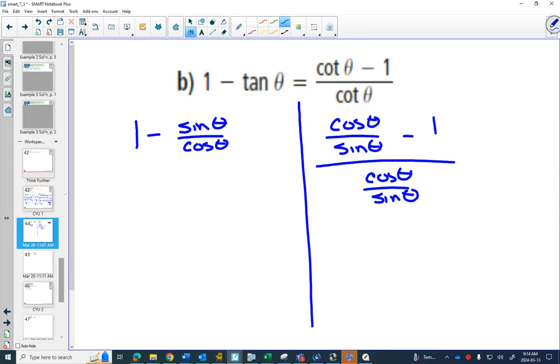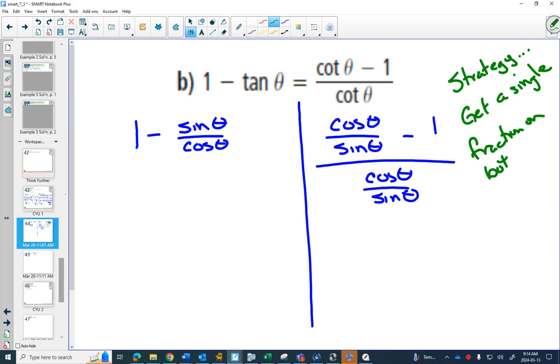On the right-hand side, you have a lot of fractions inside of fractions. On the left-hand side, you just have 1 minus a fraction. In these questions where there's lots of fractions inside of fractions, a very important strategy for this unit is we want to get a single fraction on both sides.